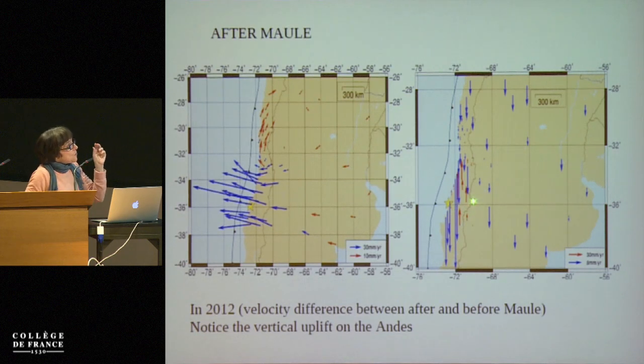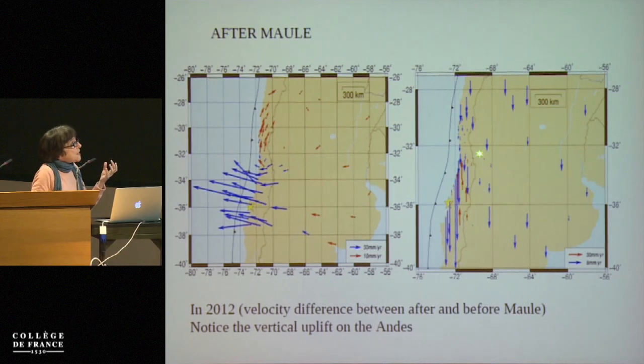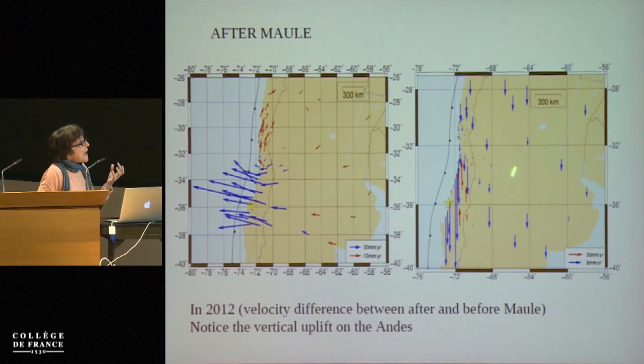And you can see here the vertical velocities, and you see more or less the same thing as in Japan. You have uplift here in red on the Andes. You have some subsidence closer to the trench, and you have subsidence far away in the continent.